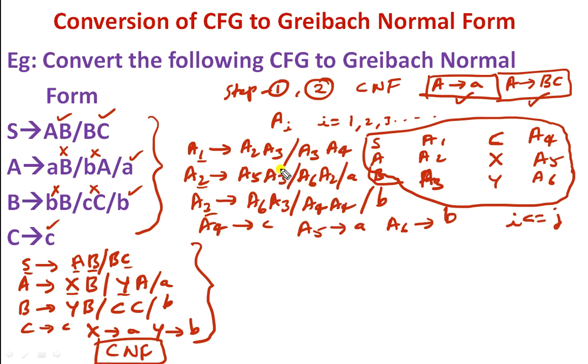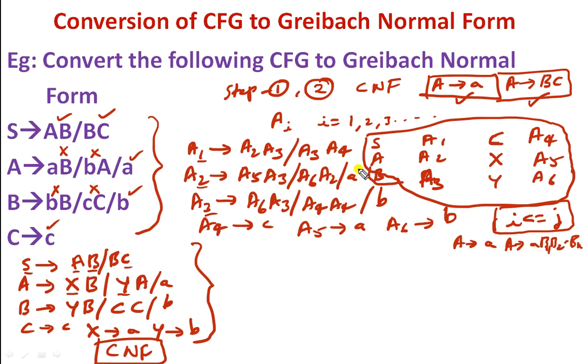All the production rules are following the i less than or equal to j condition. However, the Greibach normal form must have production rules such as either A generates a, or A generates a B1, B2 and so on Bn. But here the production rules are not following this particular condition.